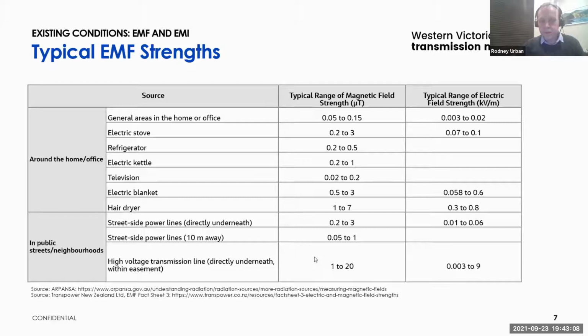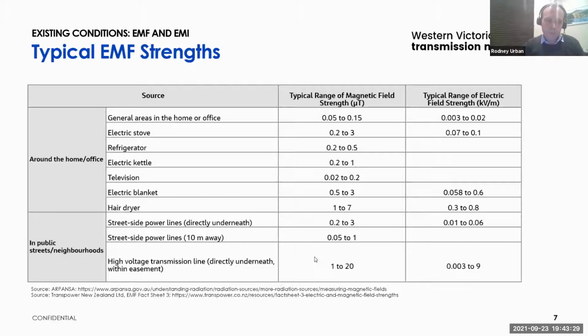You can see as the electrical devices, appliances use more current. So a hairdryer requires more current to heat the air. And so with that increased current, we have increased magnetic field strength. So we're getting up to about 7 microtesla for a hairdryer.